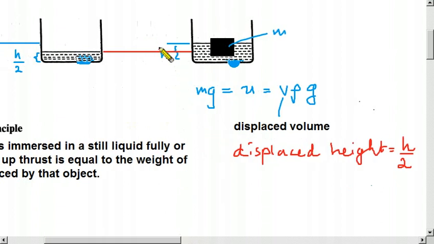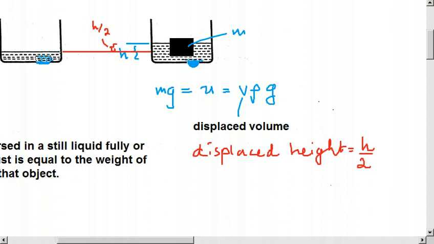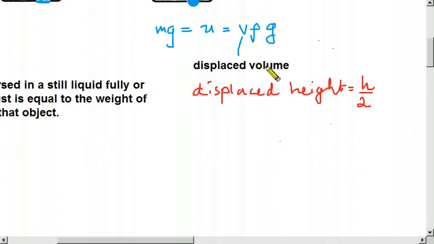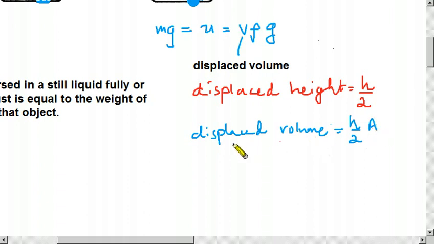This one is due to this object, and the height of that is h divided by 2. Now the displaced volume is this height times the cross-sectional area. So this one is the displaced volume.